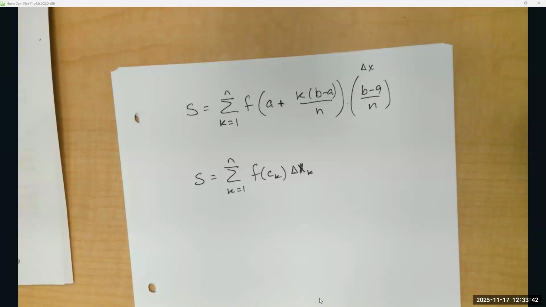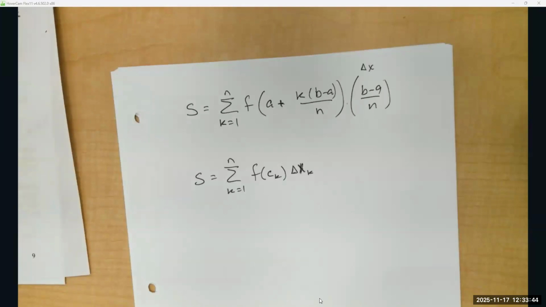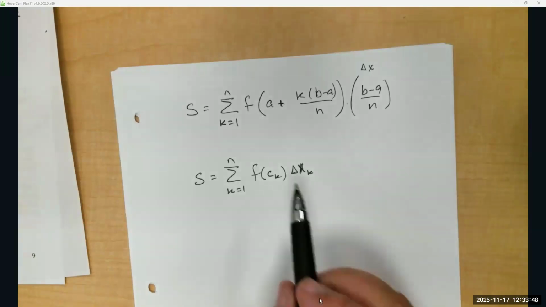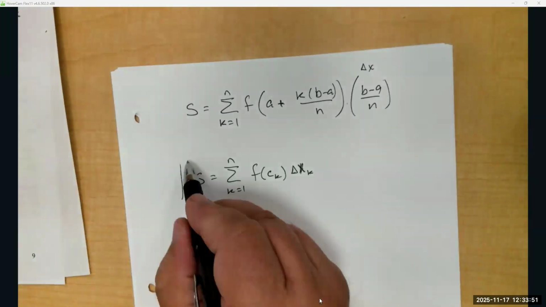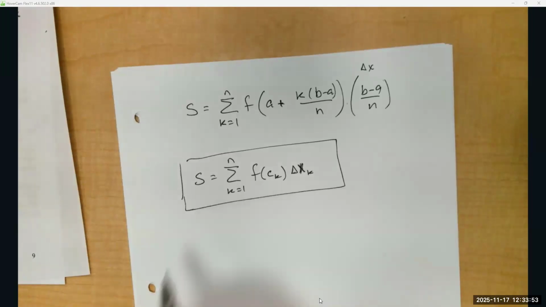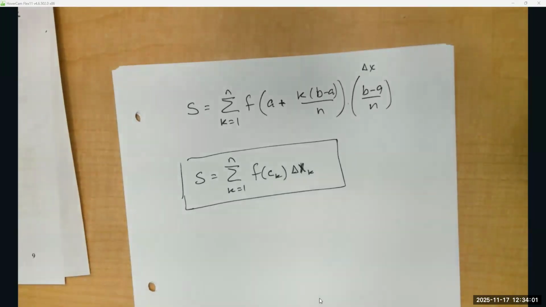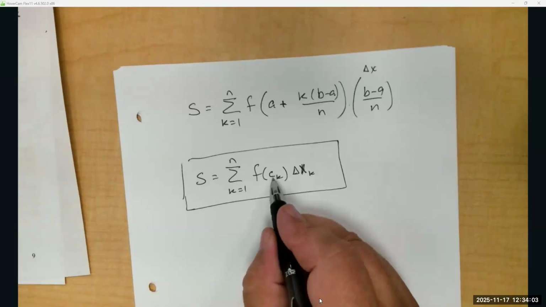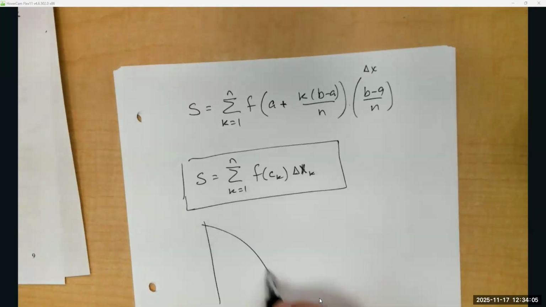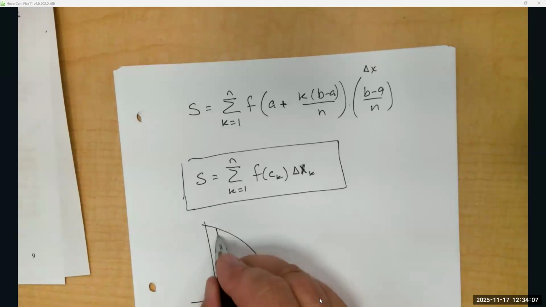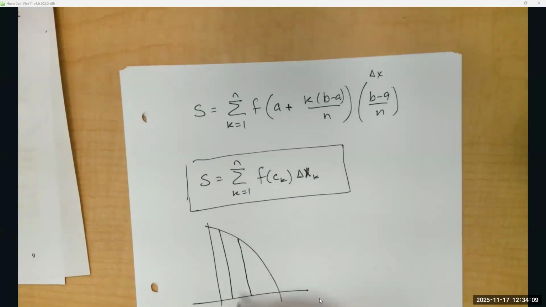Let's see, maybe we'll skip one. Now, this is a general form of the Riemann sum. f of x is the height of the function. Let's say we have this interval here, x3 to x4.